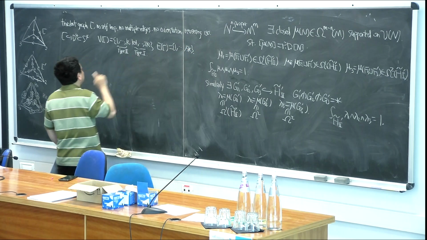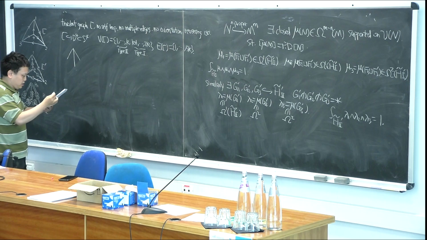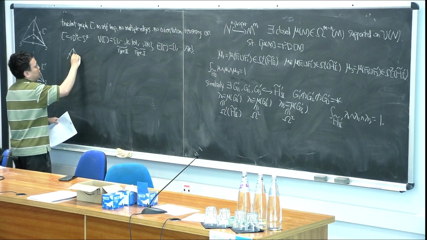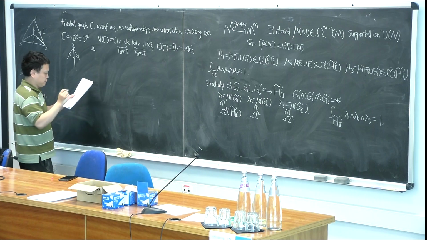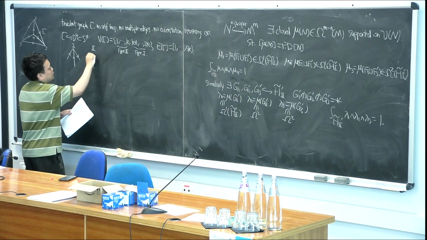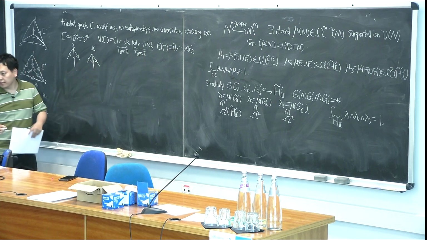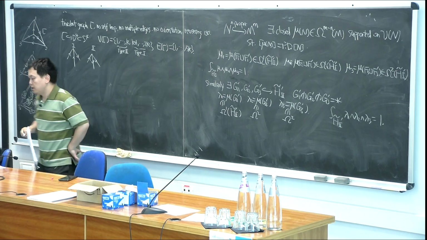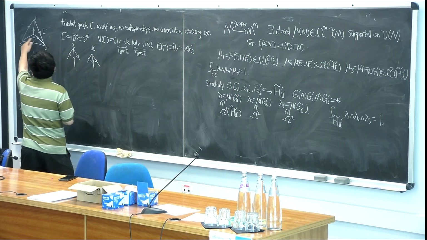So what do we mean by type 1 and type 2? Type 1 simply means that you have 2 incoming edges and 1 outgoing edge, and type 2 means 1 incoming edge and 2 outgoing edges. So there are 2 types of vertices. For example, here 1 and 2 are type 1, and 3 and 4 are type 2.